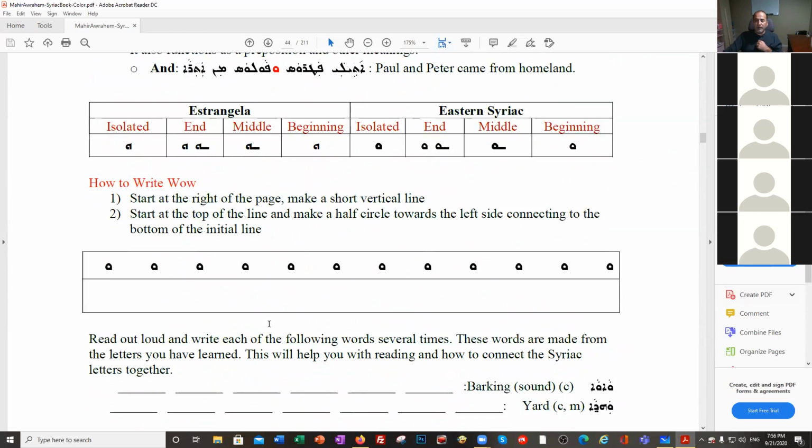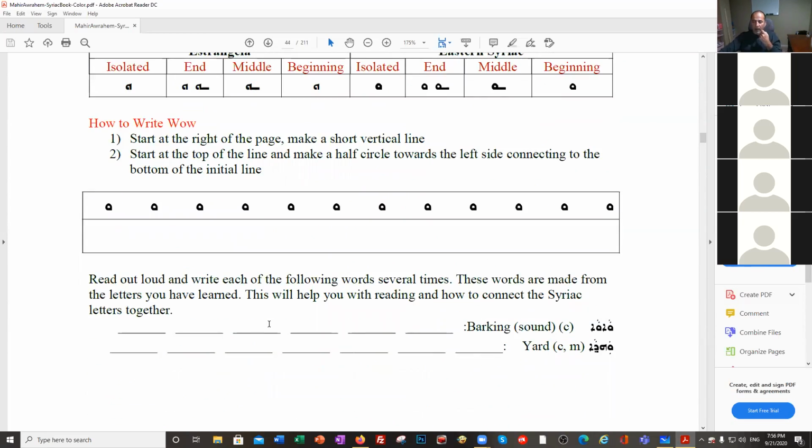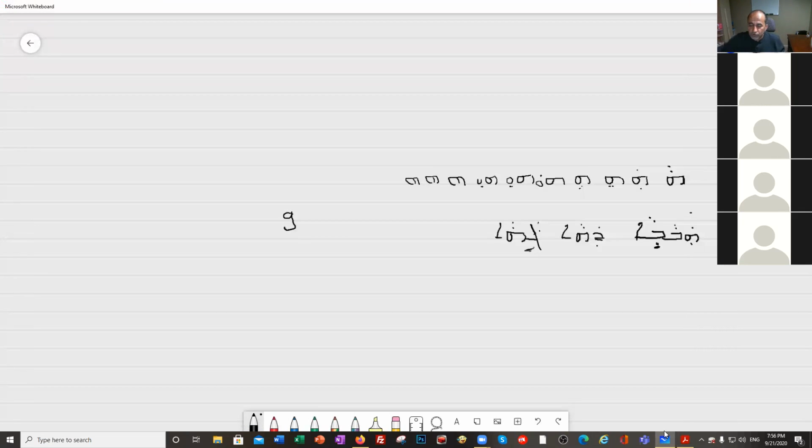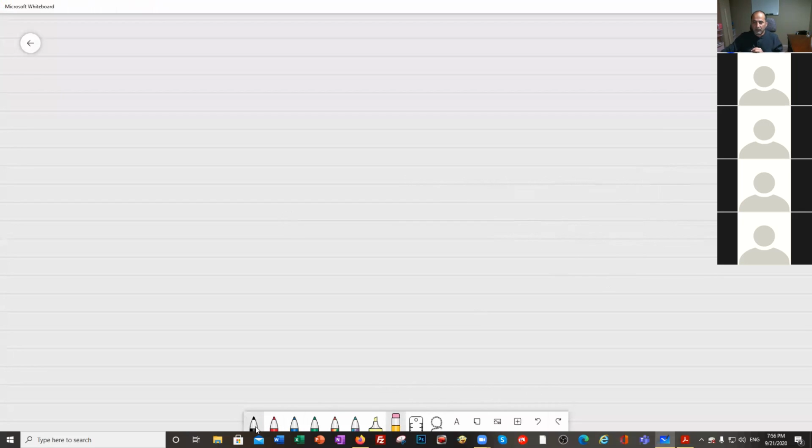All right, how are we gonna write waw? I think I don't need to show you how to draw waw because it's almost the same as the O in English. Okay, so not really need to go in waw. So just a circle, waw above the line. With the skapa is wa, okay? With the pthaha is wa.